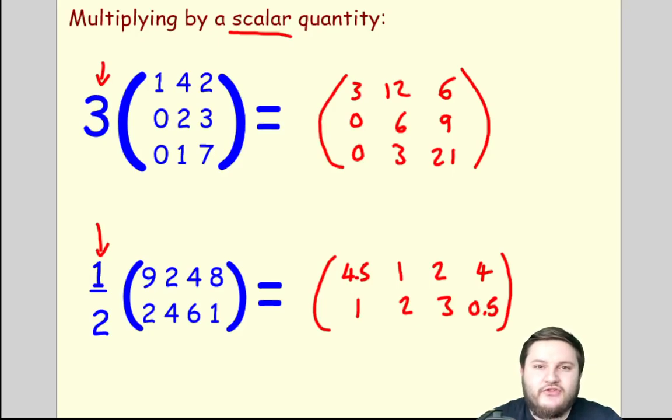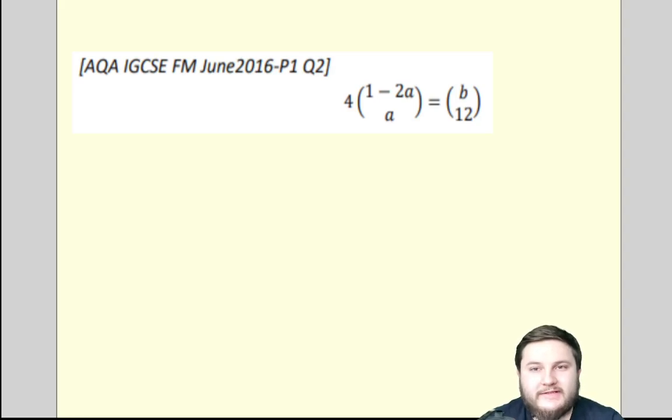There have been some questions though where you have to find missing values, so let me show you one of those. Technically this is a vector, but a vector is a special type of matrix, as we've already talked about, and this is from a past AQA paper. This was from the GCSE Further Maths June 2016 paper 1 question 2.